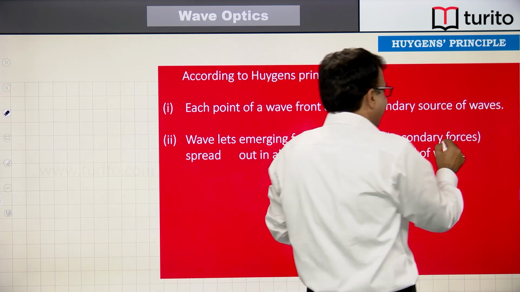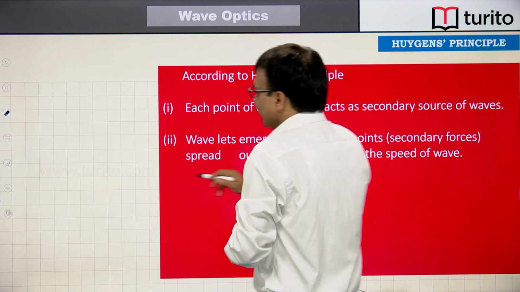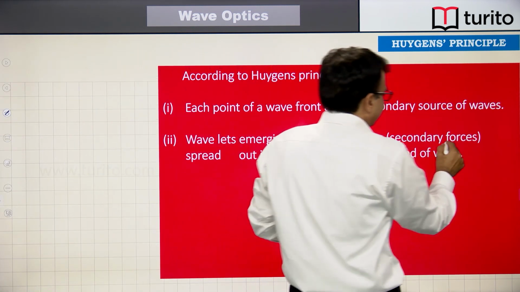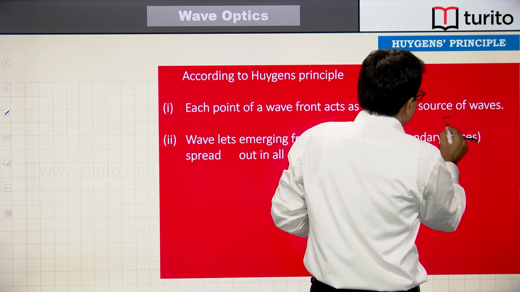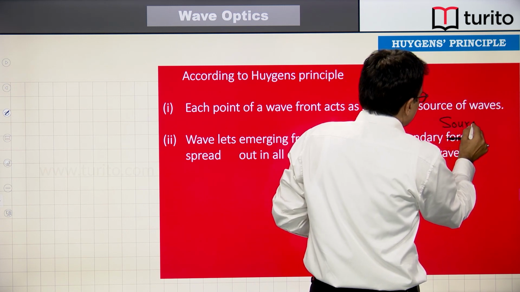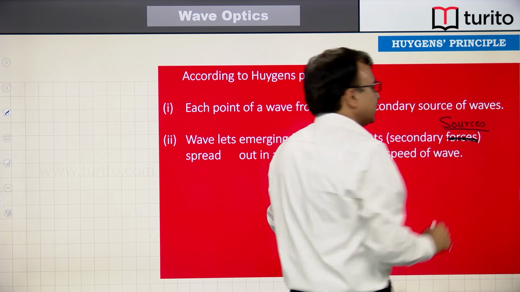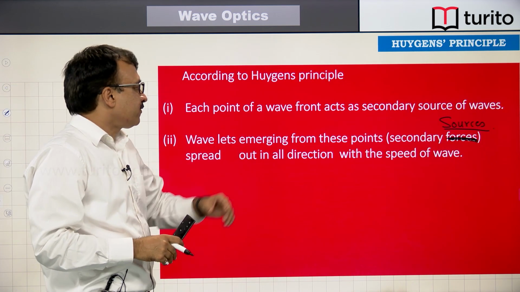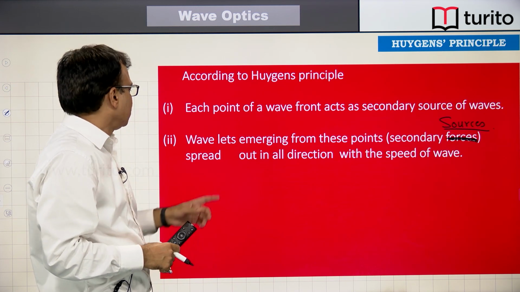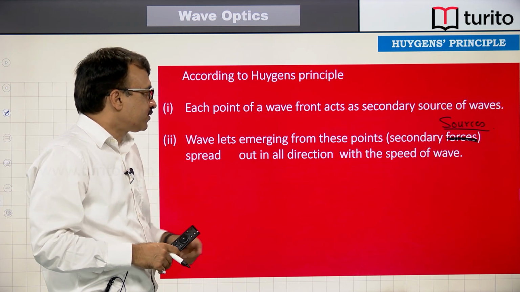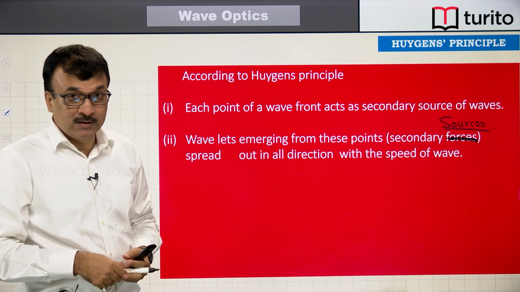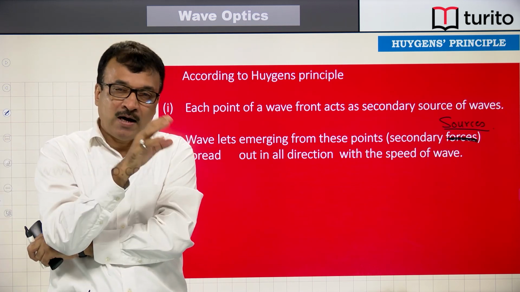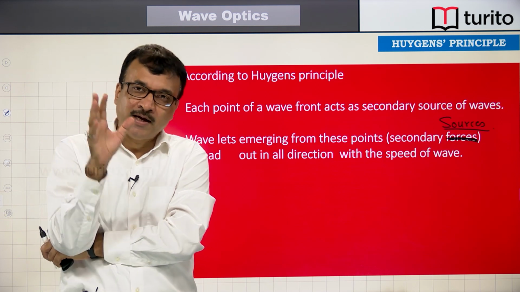it is not secondary forces, secondary sources. Wavelets emerging from these points spread out in all directions with the speed of the wave. It means that these secondary wavelets are actually behaving like actual waves.